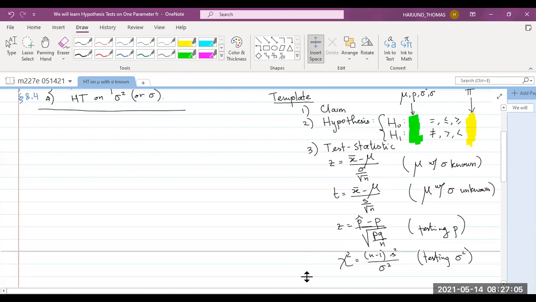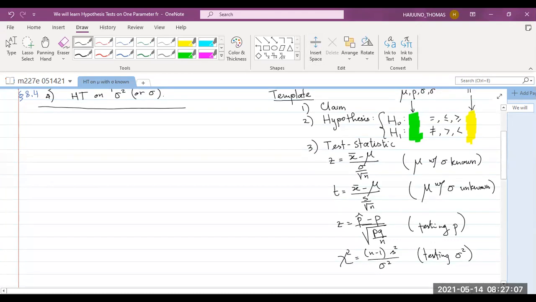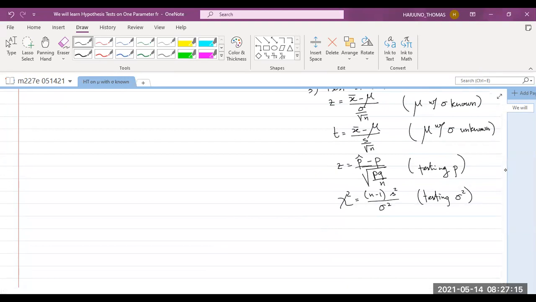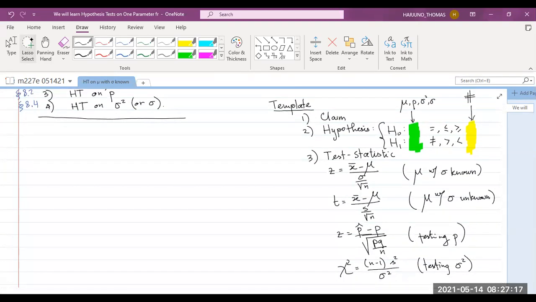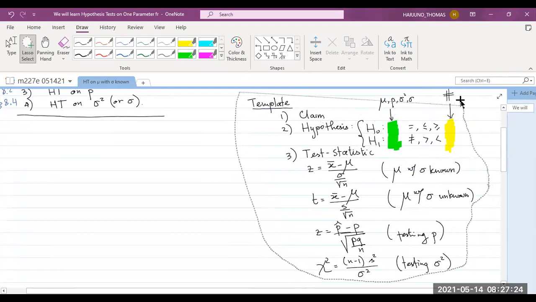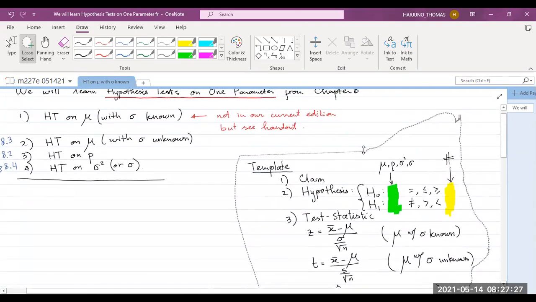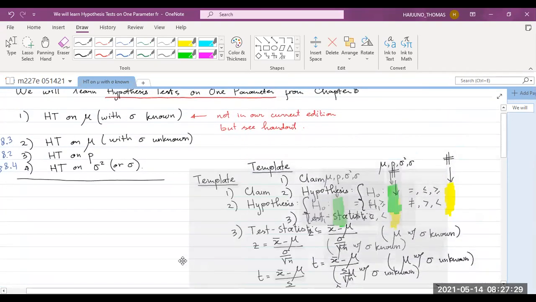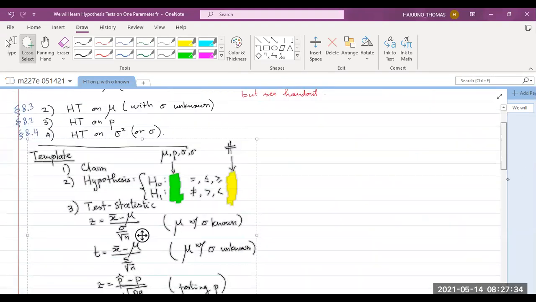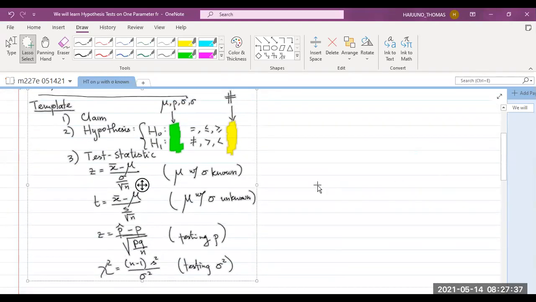Give me a second. I will reorganize this. That's our template.